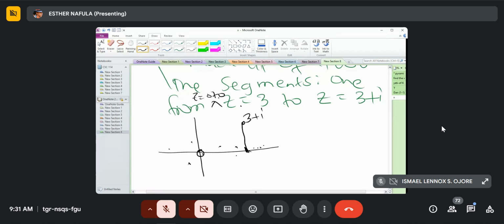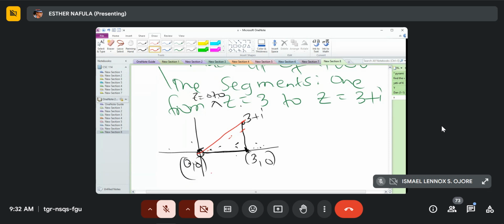We want to evaluate this integral first from 0 to 3. This is (0, 0) and this is (3, 0). Then from (3, 0) to (3, 1). In part A, we just moved from (0, 0) to 3 plus i straight.